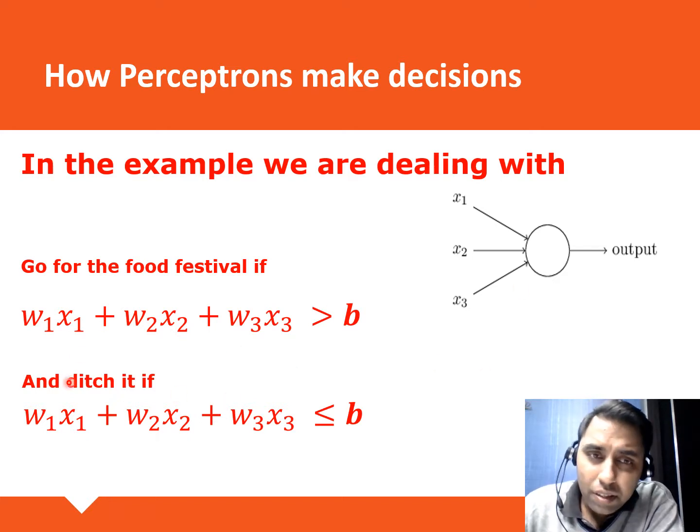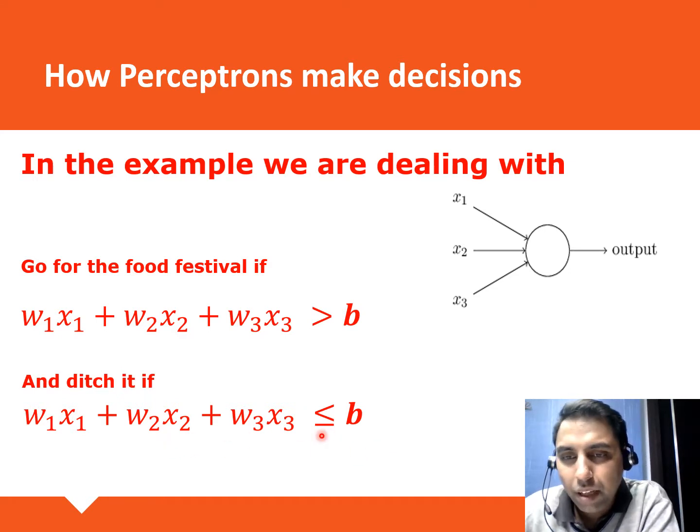So these were the three factors, and obviously then we will have three weights. The decision making here will happen like this. You go for the food festival if the linear combination of the w's and the x's is less than or equal to b, and you ditch the idea if it is more than b. Obviously w's and b are something which have to be estimated.